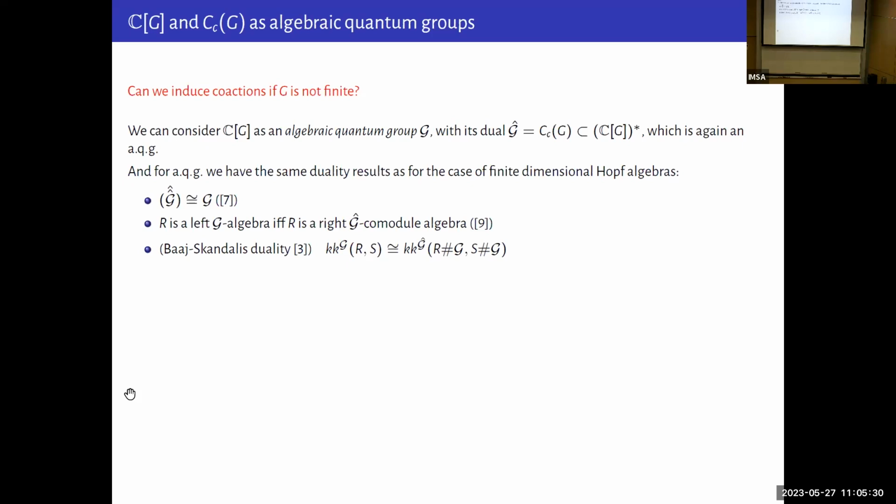And as we've got this good duality, we can think of algebras over the algebraic quantum groups, and we can also think of algebras over the dual, which is again an algebraic quantum group. So we have this kind of duality. And actually, this is our motivation for working with algebraic quantum groups in terms of coactions, because we want to obtain results in algebraic quantum group theory.